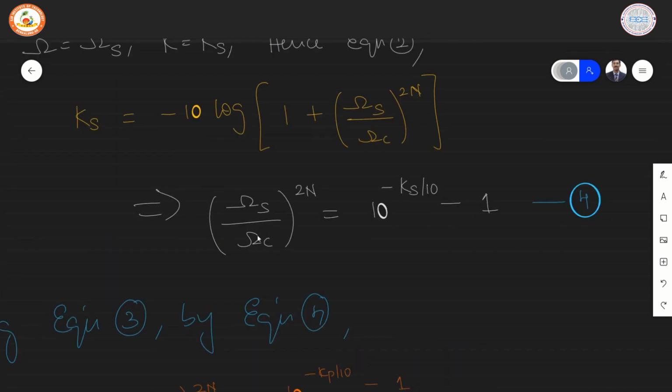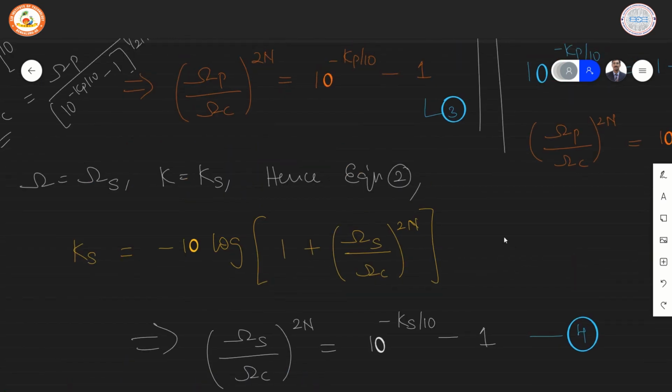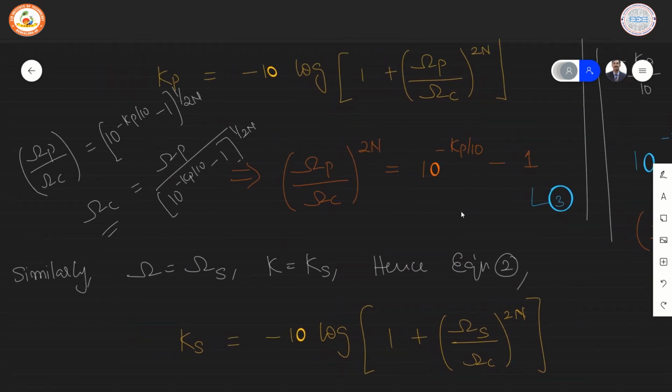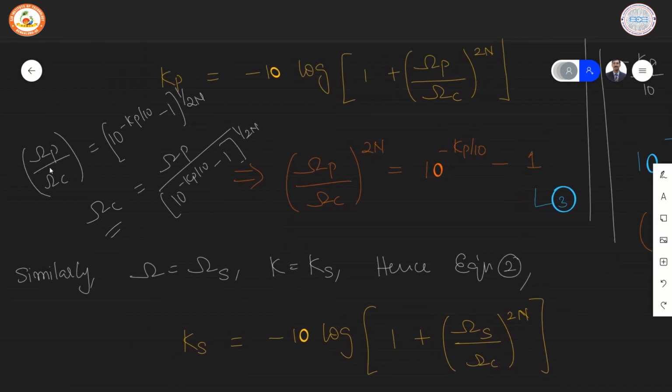We observe that if we solve equation 4, we can find the expression for omega c. This omega c will be on the basis of the value of ks and omega s. On similar lines, you can solve for equation 3 and calculate the value of omega c. The solution is done here just for your reference.